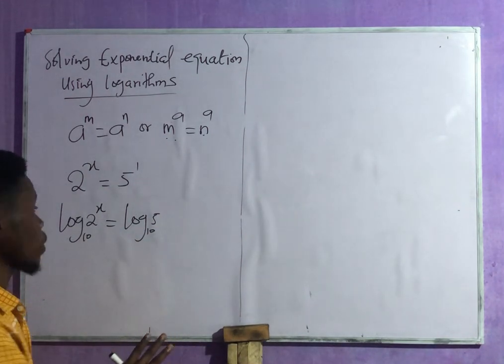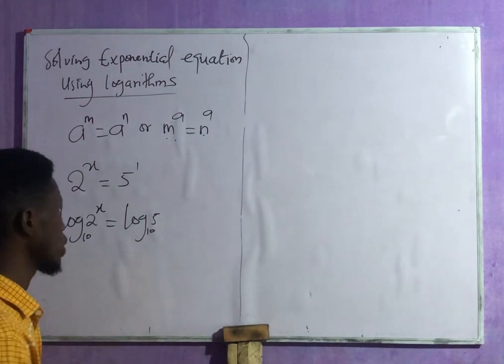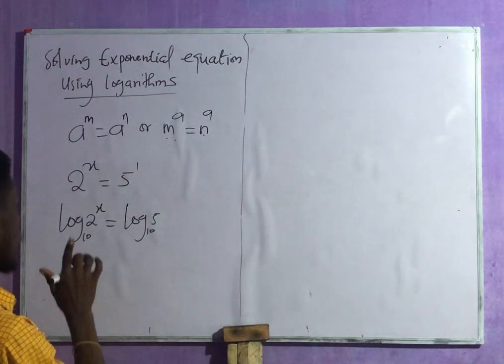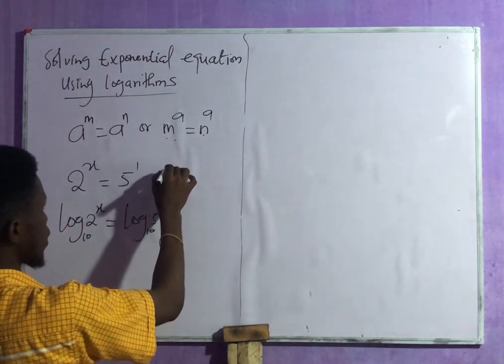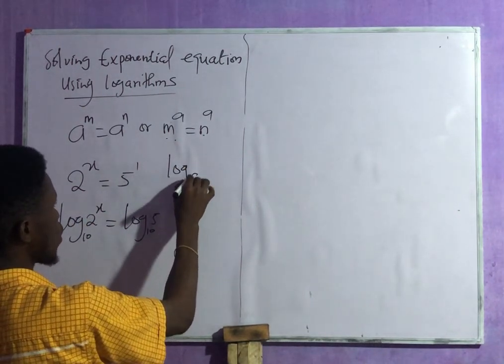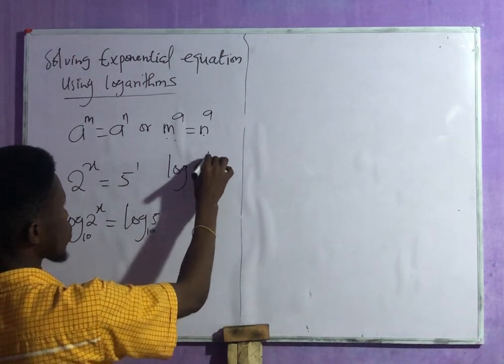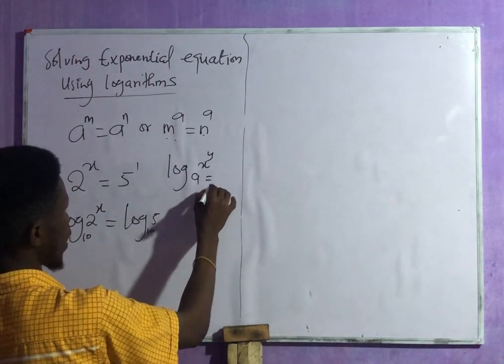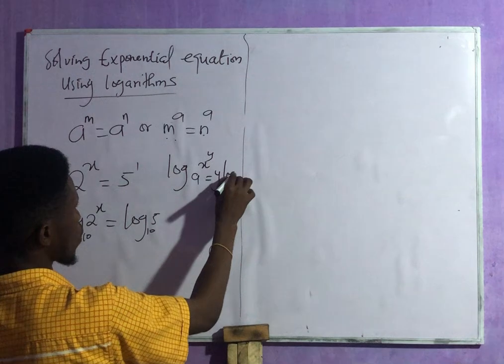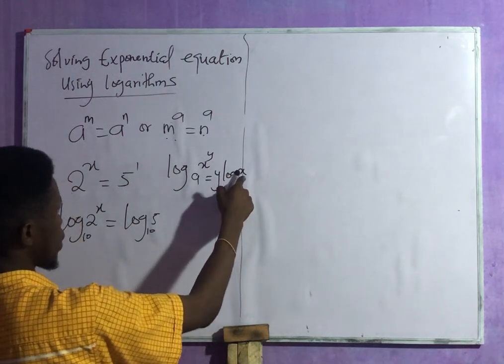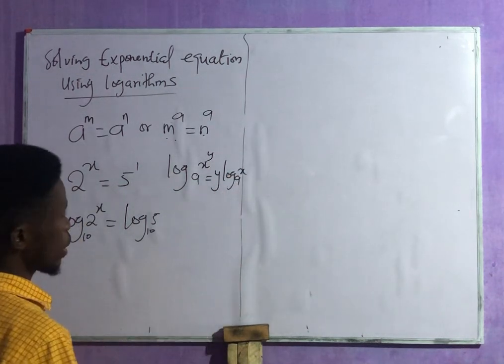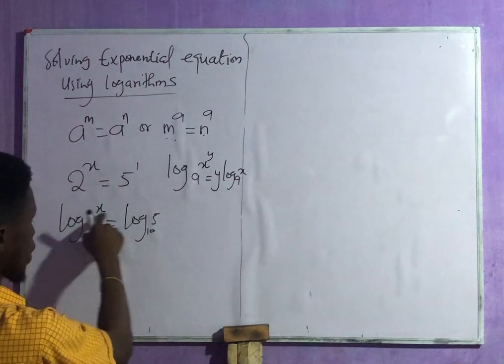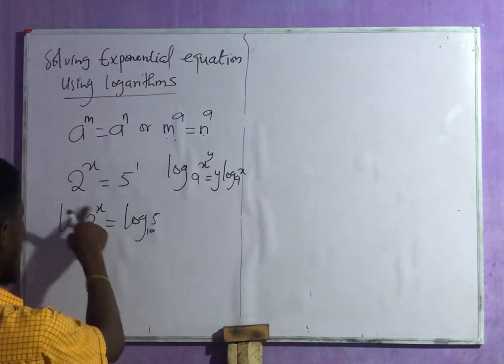Now looking at this particular point, you realize that there's one law that we looked at, that if I have log of a to the power x, I can write this as x log a. So I can bring the x down.